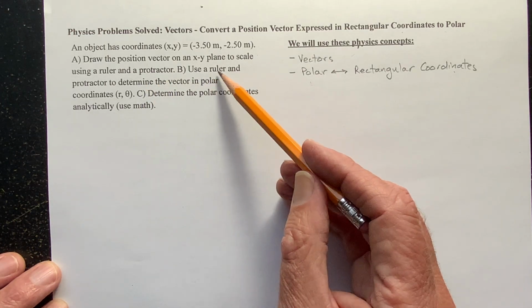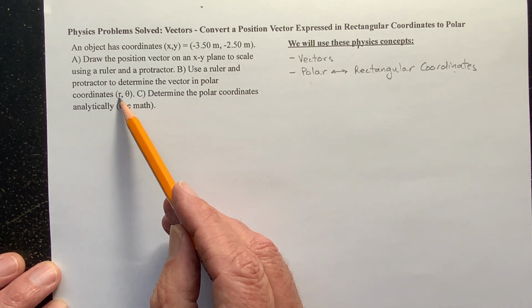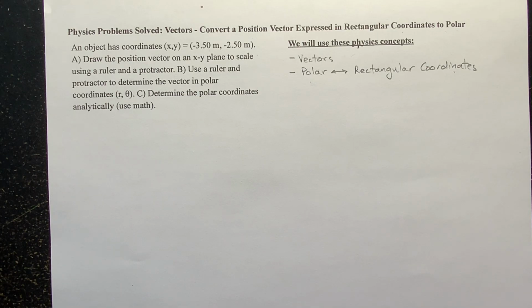We want to use a ruler and a protractor to determine the vector in polar coordinates, r and theta. And we want to determine the polar coordinates analytically. In other words, we want to confirm our answer for part B by using mathematics in part C. Okay, so let's get started.